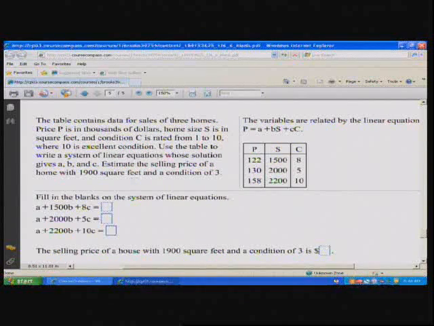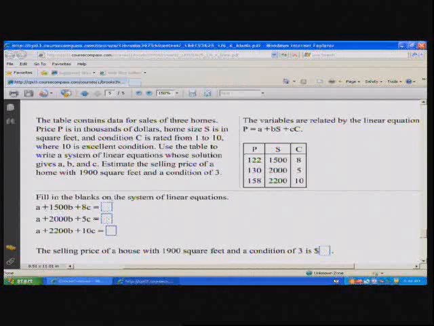So the first element is going to be 122. And then the second one is reading that price for the 2,000 square foot home, and a condition 5, the selling price is 130, meaning 130,000, but we'll put 130 there. And the last one, for a 2,200 square foot home with condition 10, it will be 158,000, but we'll put 158 in there.